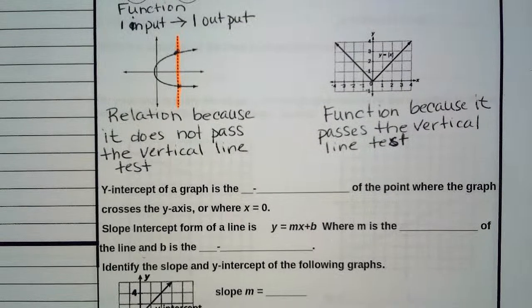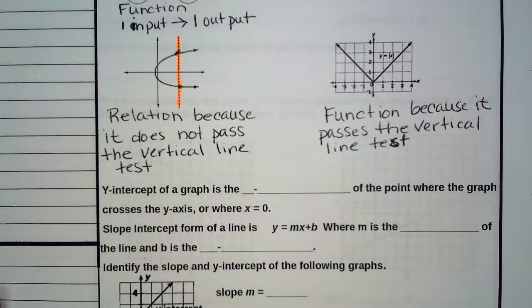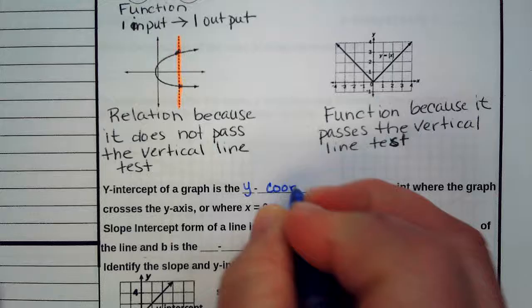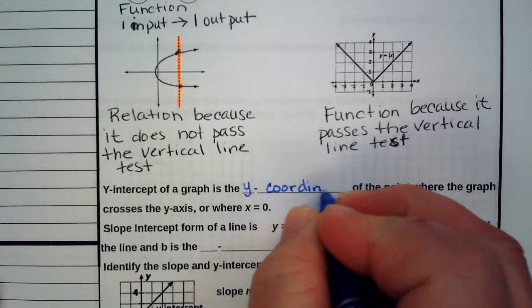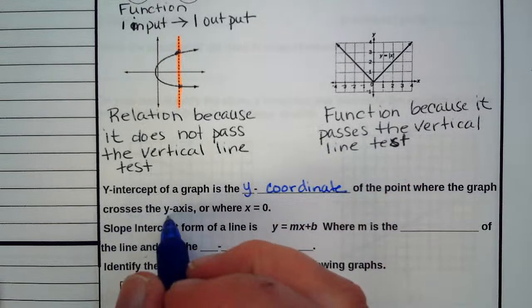Okay, now we're going to look at the y-intercept first. The y-intercept of the graph is the what? The y-coordinate of the point where the graph crosses the y-axis.